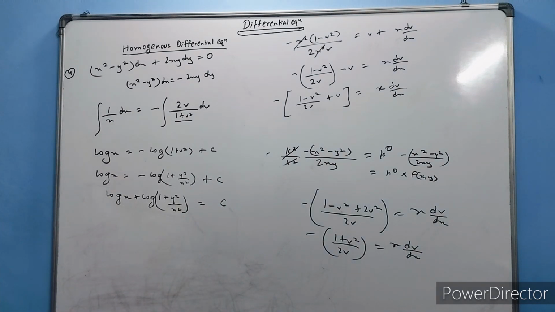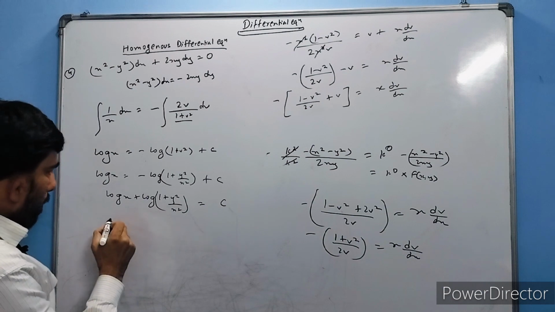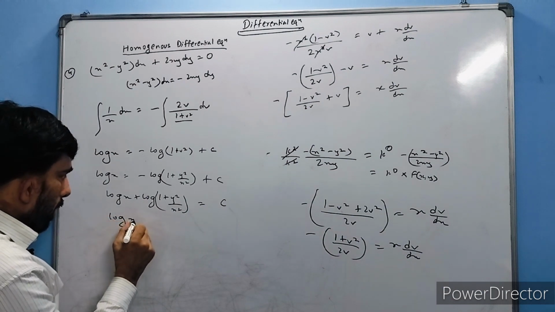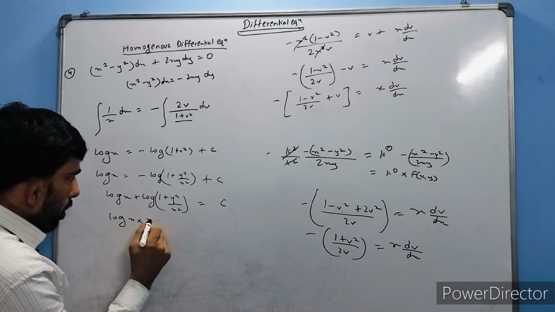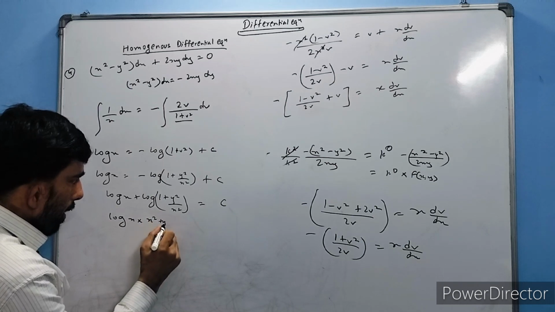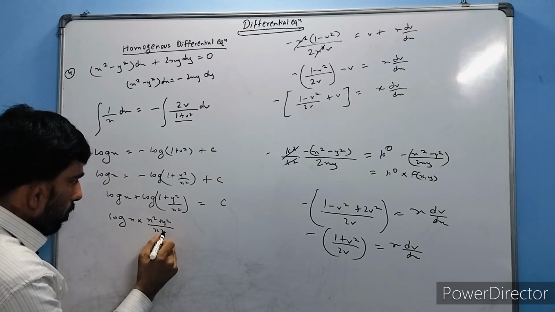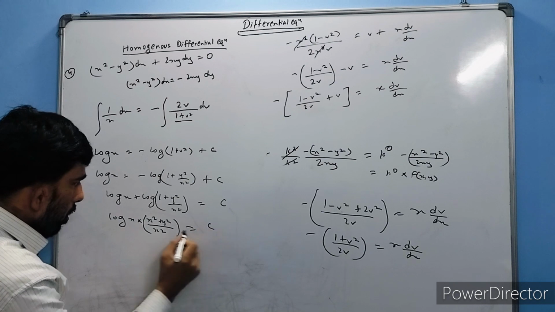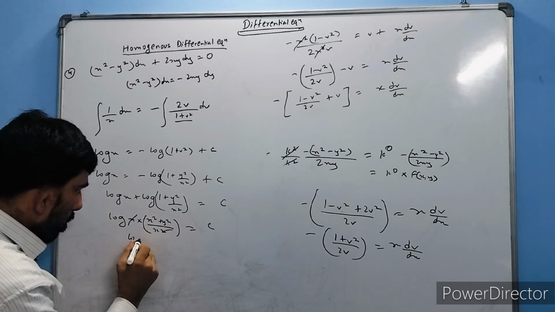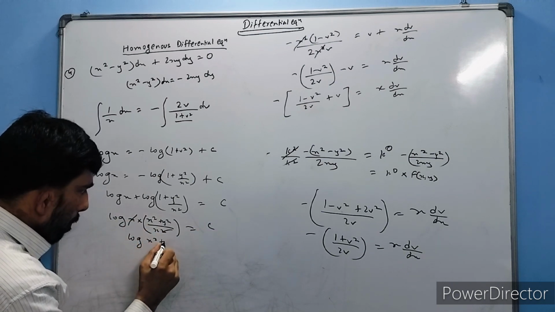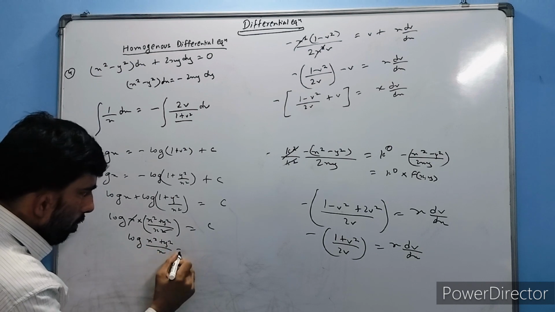Okay, so now multiply, we get log x into (x square plus y square) upon x square is equal to c. So I get log of (x square plus y square) upon x is equal to c.